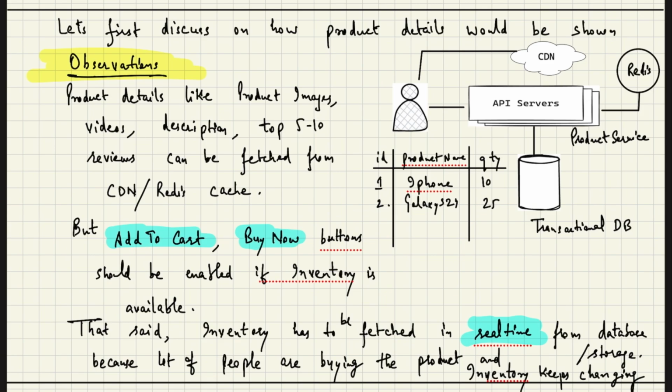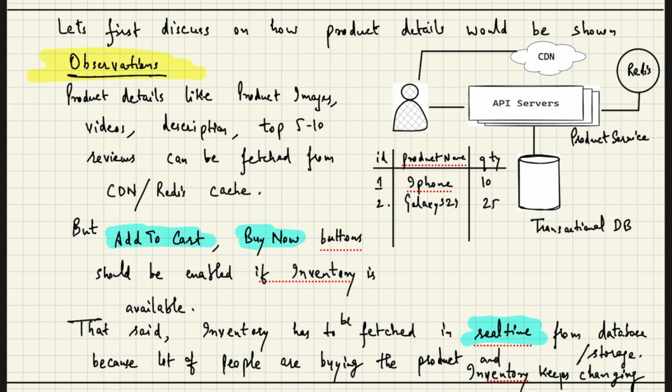And obviously for fetching the product images, videos, description, or for the top selling products, all those details can be fetched from CDN. And for the rest of the products, the product details can be fetched from the cache. There could be a Redis cache, or it could be your own customized cache, whatever cache you can choose, right?